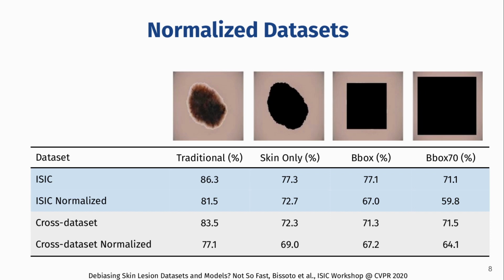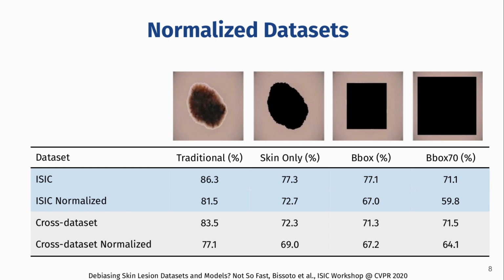We also created normalized datasets where we remove the information from the background, putting in all the images from the dataset a single common background in an attempt to remove its influence on the result. The idea is that since most artifacts are on the background of the lesion, by doing this we are removing the bias.